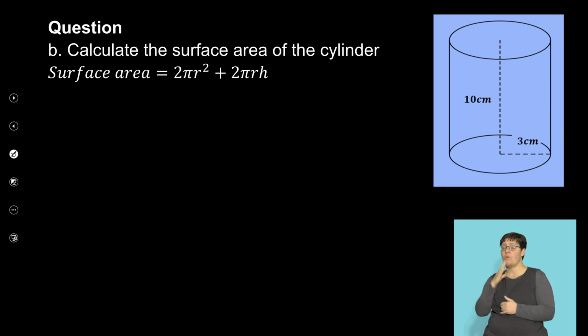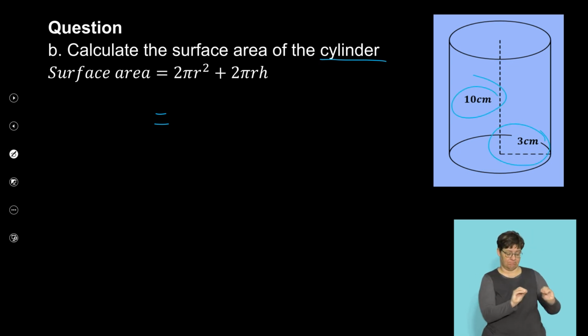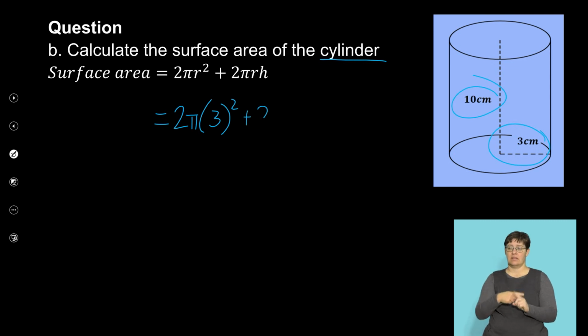I've been asked to now calculate the surface area of the cylinder. I'm going to substitute in my original dimensions because there's no mention of a scale factor. So I'm going to calculate the surface area of the cylinder with my radius being 3, and my height being 10. So I'm going to have 2 pi times my radius squared plus 2 pi times my radius times my height.